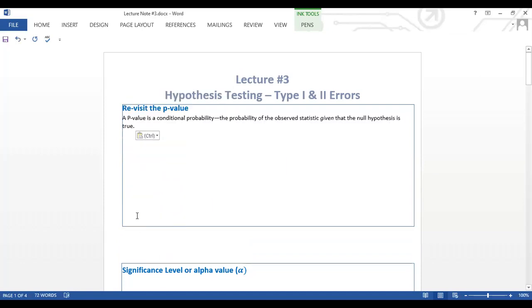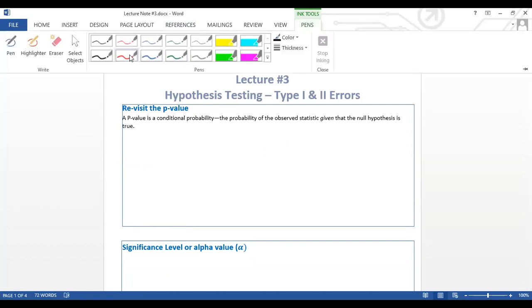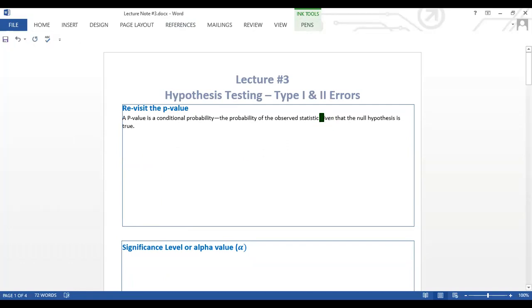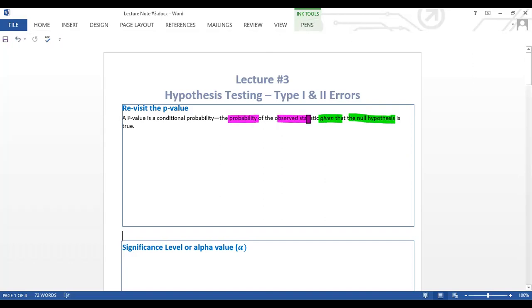So I need to be careful here. A p-value is a probability, right? It's under a condition, so be very careful here. That's what we just talked about before. It is given that the null hypothesis is true, the probability you will find that statistic.